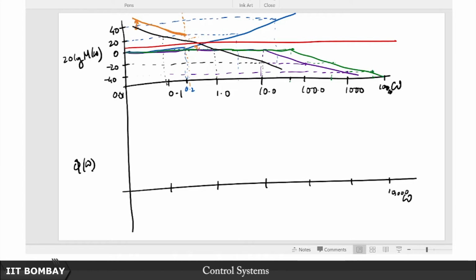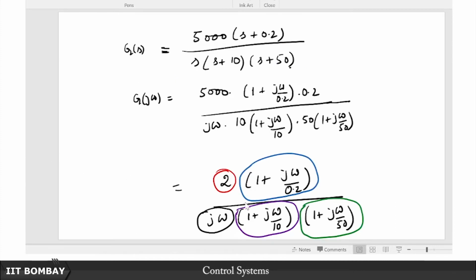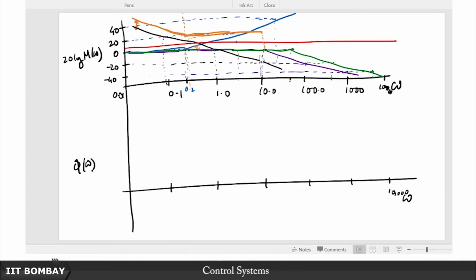How long? Till you encounter the next break frequency, which is, if I draw carefully here on this line, somewhere here, which is my next break frequency 10. Remember when we were drawing, this was the next break frequency 10, is it not? So at 10 I encountered this purple line. What does this purple line do? This purple line now begins to descend at 20 dB per decade, right?